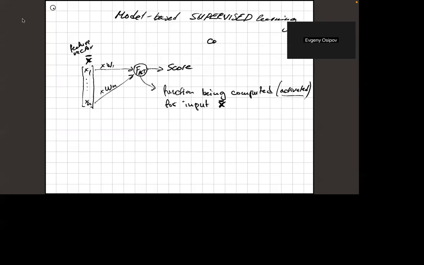So basically, in this model, a category or a class is modeled as a sum, or as a weighted sum, of features.